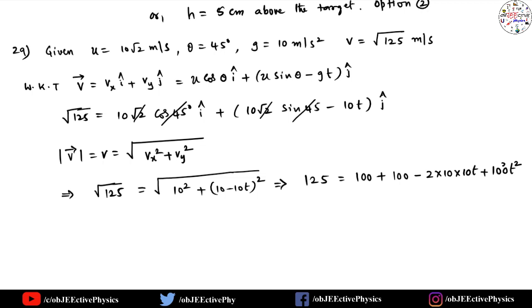B square is nothing but 10t whole square, that is 100t square. That implies 125 is equal to 200 minus 200t plus 100t square.